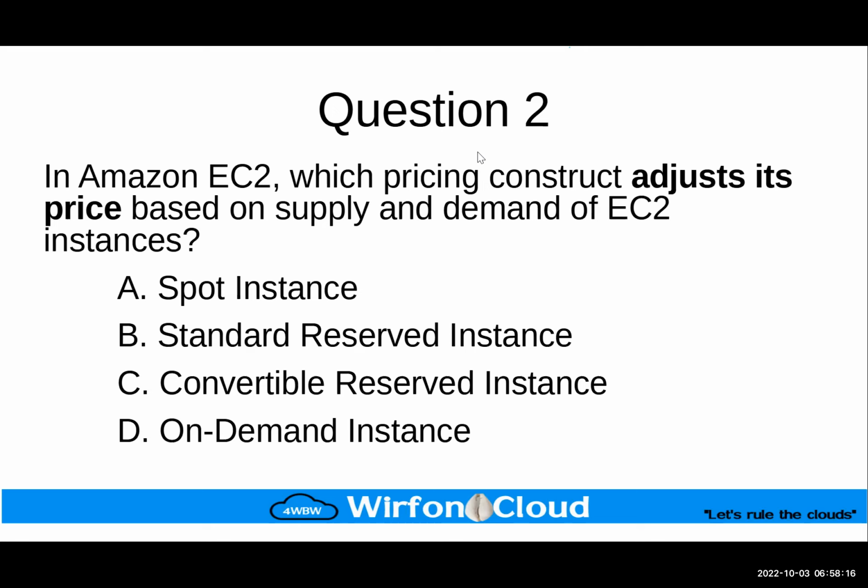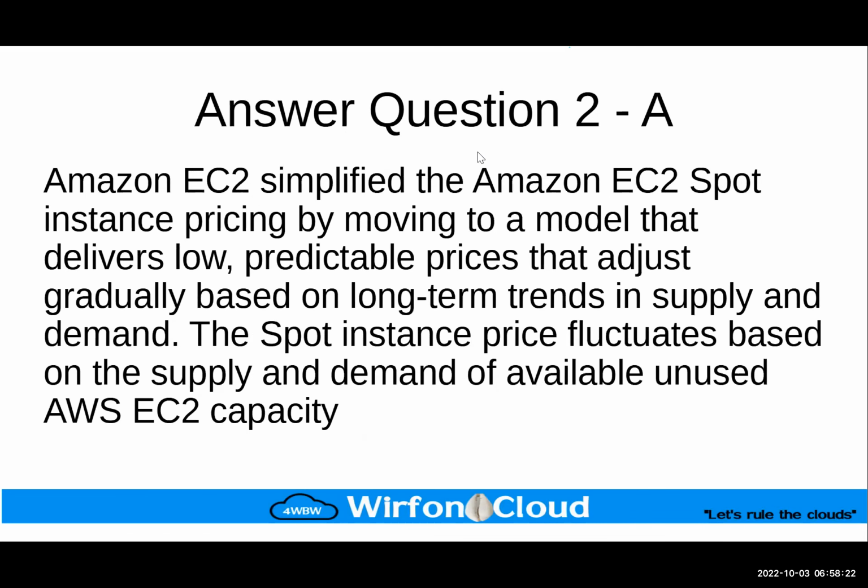Yes, Kenya also says A. Tatiana says A, yeah. Okay, yeah, indeed, it's A. So you have the spot instance, which we mentioned is like the spare EC2 available capacity that will be available to you based on whether there is spare EC2, and it's based on the demand, supply and demand, yeah.